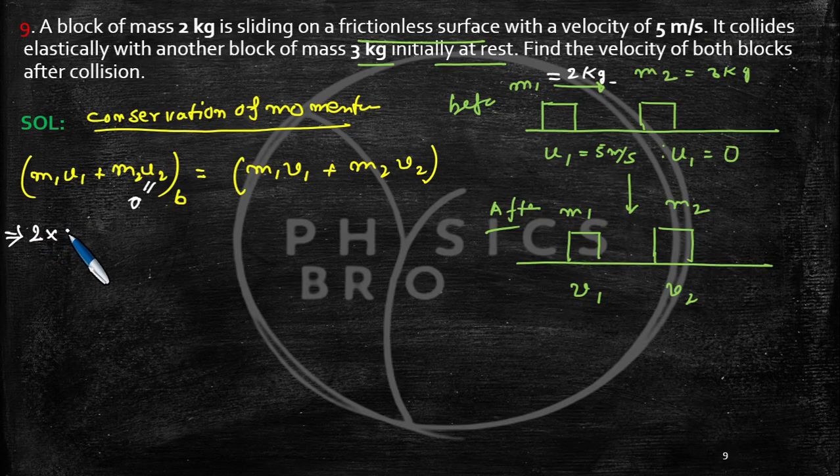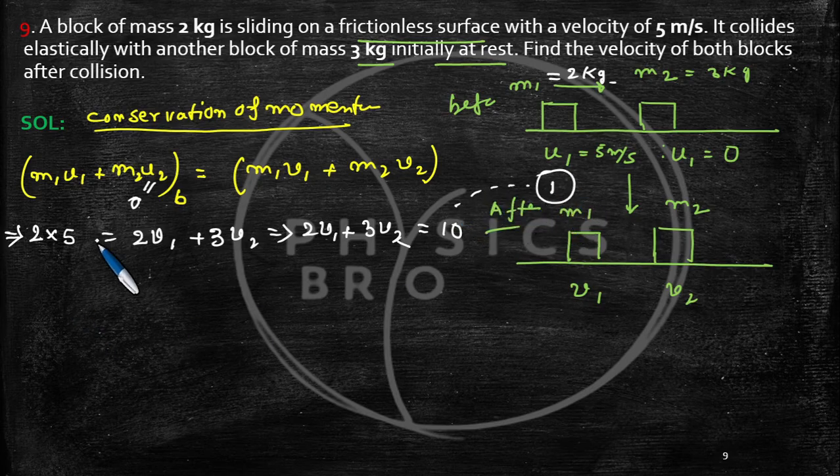So 2 into 5 equals 2 times v1 plus m2, which is 3, times v2. So there is the equation 2v1 plus 3v2 equals 10, and I am writing this as equation 1. But it cannot be solved because there are two variables.